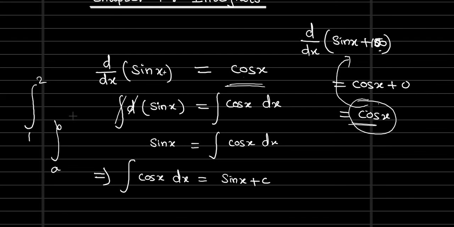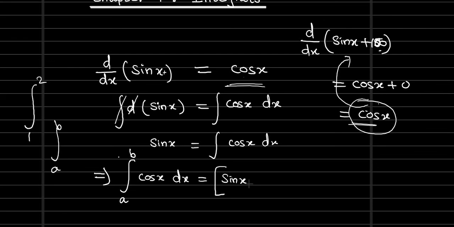There is nothing different between the indefinite integral and the definite integral in the process. After completing the integration, in case a to b is given, you will not put plus c. Only for the indefinite integral, if the limits are not given, you need to put plus c. If the limits are given, we should not put plus c.